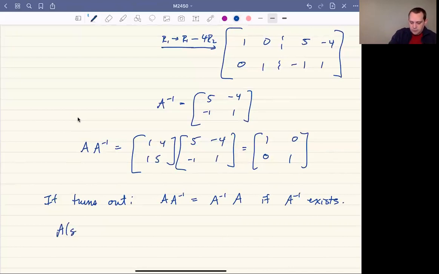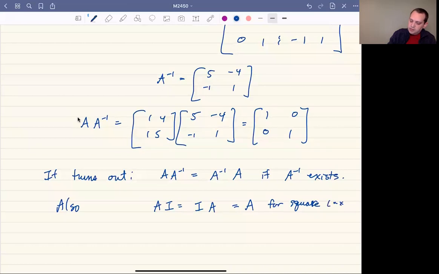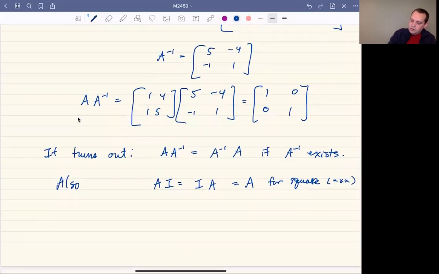Also, the identity commutes with all matrices. So if you were to have A times I or I times A, that's going to be A for square matrices. For square, and again by square, I mean that the number of rows and the number of columns are equal.